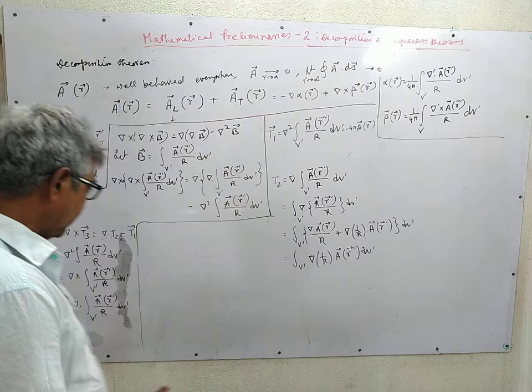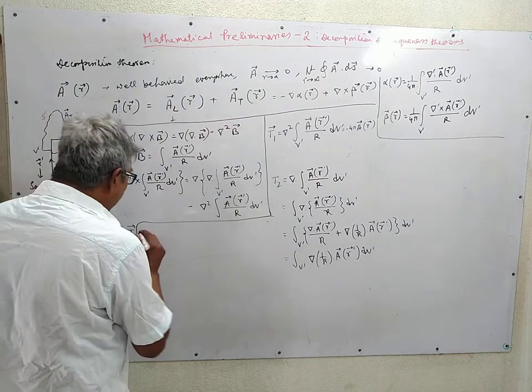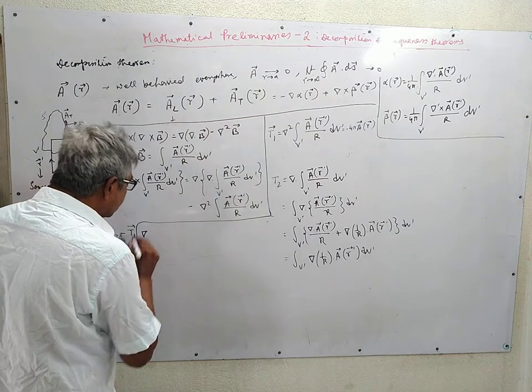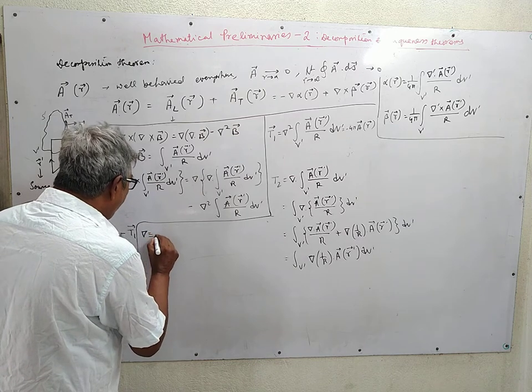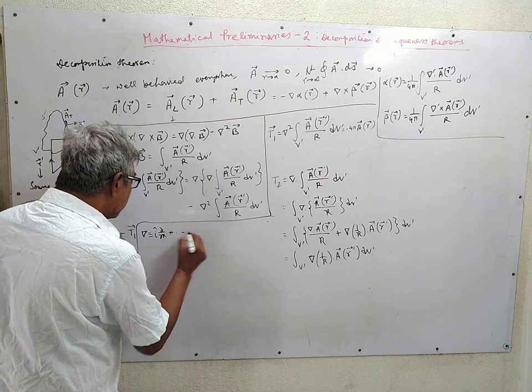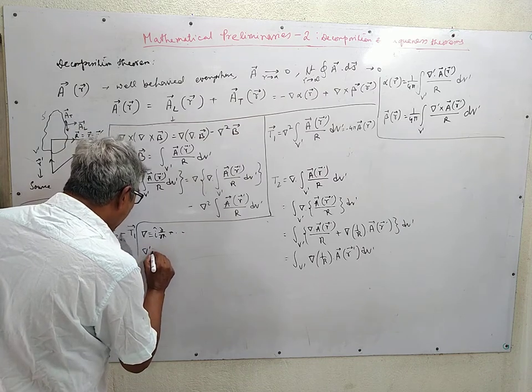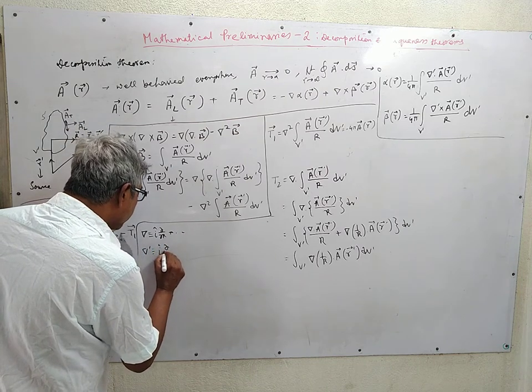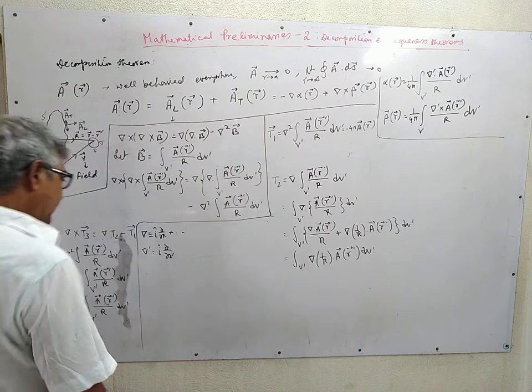a source coordinate. So the differentiation with respect to field coordinate is del x plus similar things, and nabla prime is with respect to del x prime.